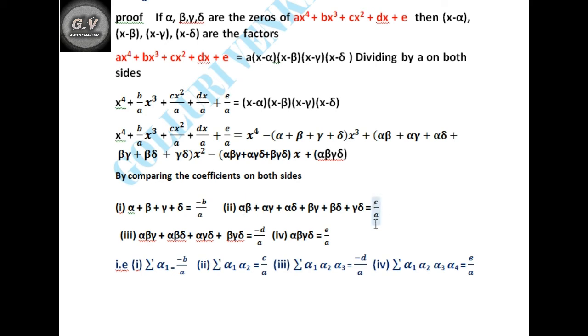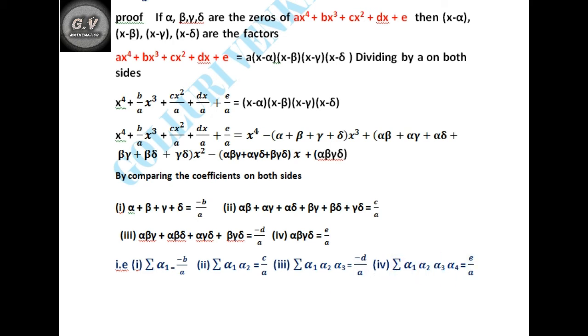And next, this is considered as alpha 1, the second term as alpha 2, and the third term as alpha 3. Sigma alpha 1 alpha 2 alpha 3 is equal to minus d by a. Then alpha 1, alpha 2, alpha 3, alpha 4 taken together is equal to e by a.